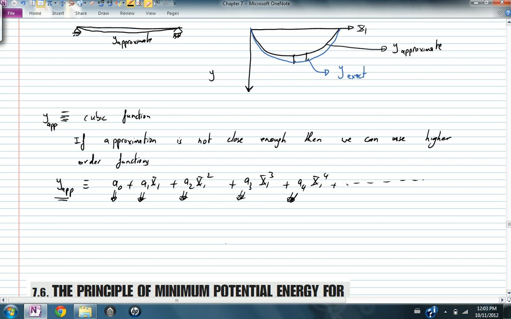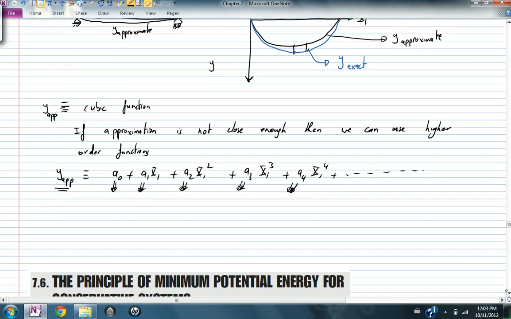Now, in the next lectures, the last bit of this course, we're going to introduce a different method by which we also find approximate solutions to the displacements of a structure, and these methods rely on the minimization of the potential energy of the structure.